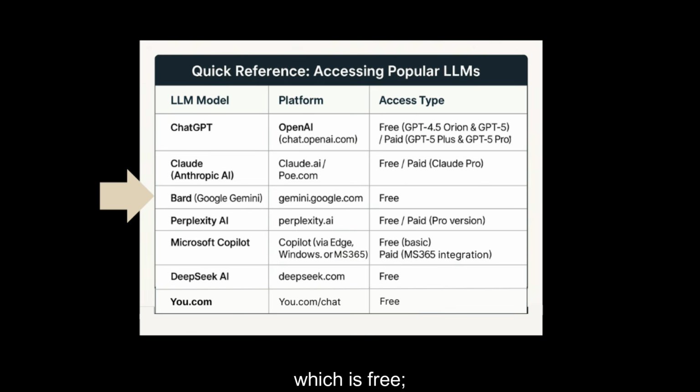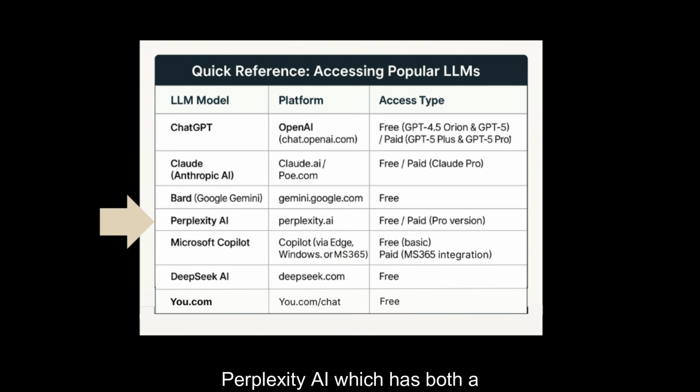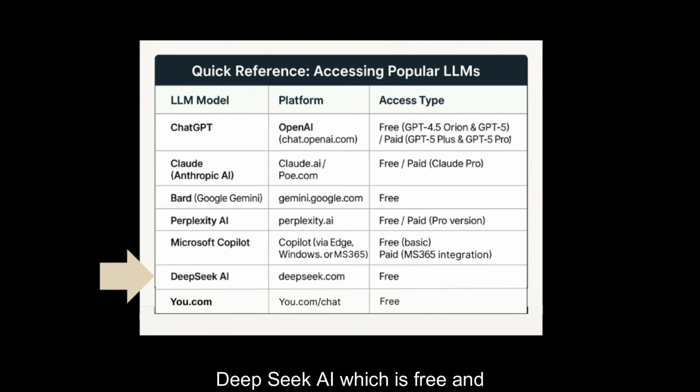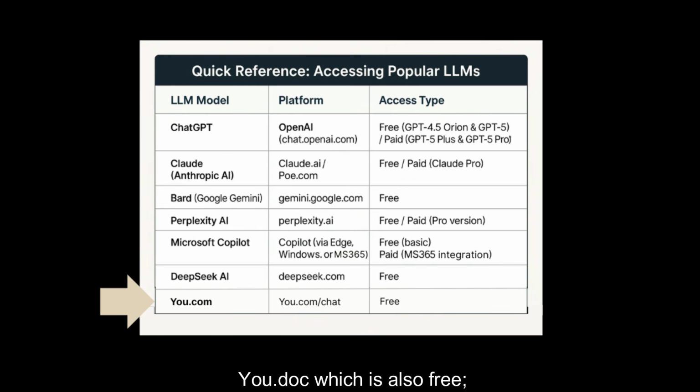Bard, which is free. Perplexity AI, which has both a free and paid version. Microsoft Copilot via Edge, Windows, or Microsoft 365, which has a free and paid version, which is integrated with Microsoft 365 products. DeepSeek AI, which is free, and u.com, which is also free.